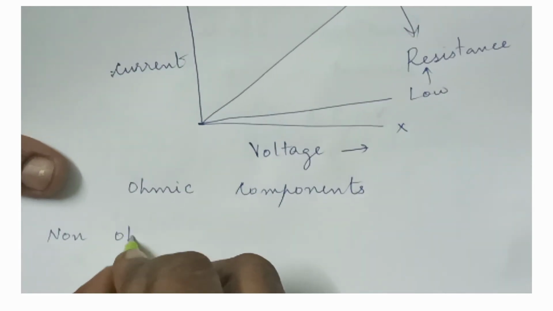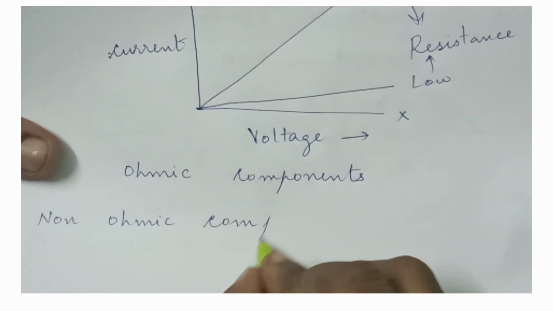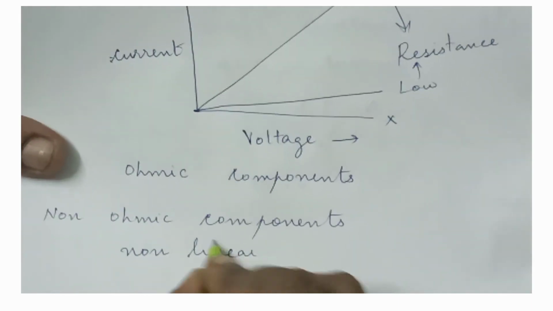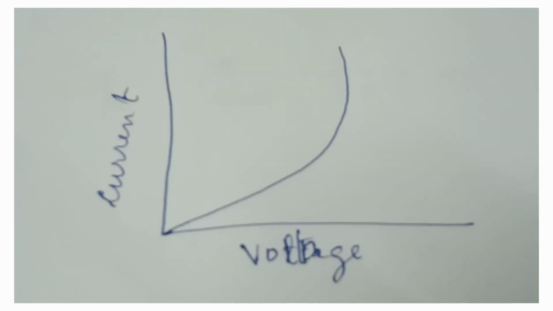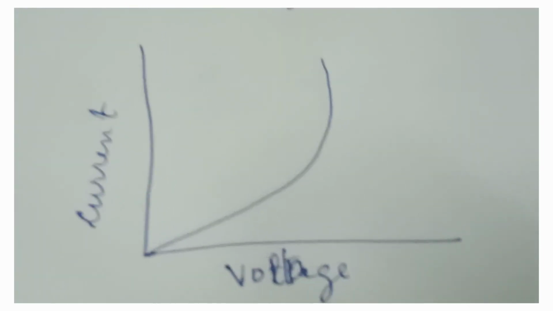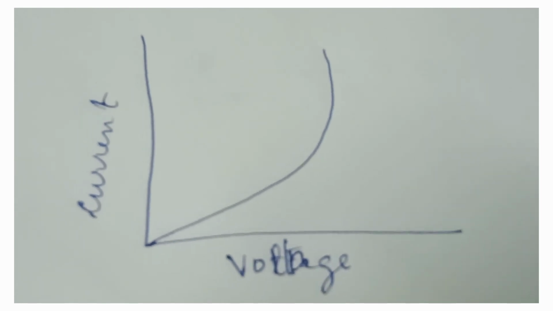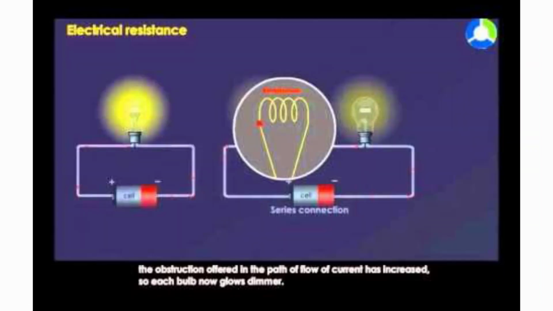Not all the components are ohmic components, that is, not for all the components do we get a straight line. There are also non-ohmic components like semiconductors, diodes, etc., where we get a curve like this.